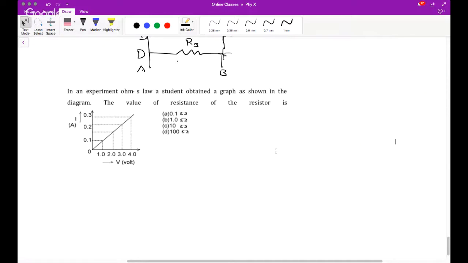What is the value of the resistance? 1 ohm. Are you sure? Shreyas is saying 10 ohm.